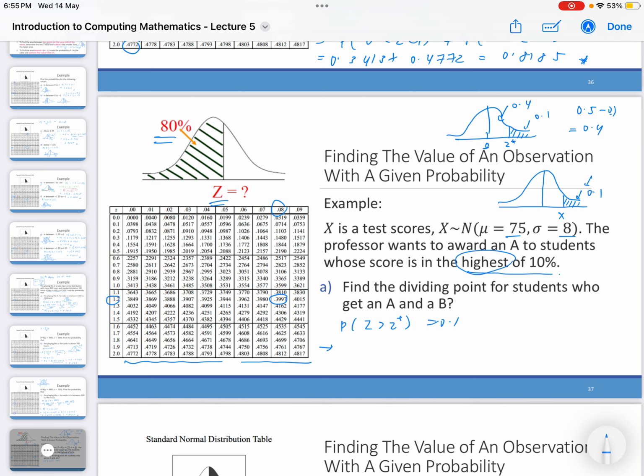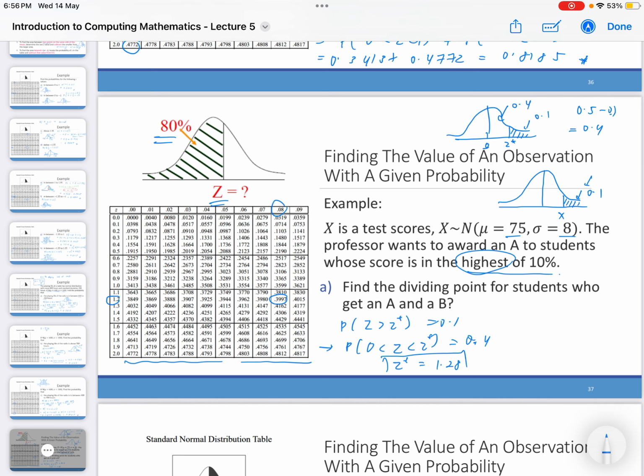Okay, let me write it down. So this is actually the same as the probability of Z from 0 to Z star equals 0.4. That's why we find the probability 0.4 inside the table. When we find it, we get Z star equals 1.28. So find the closest to 0.4 inside the table. This one is the value for Z.